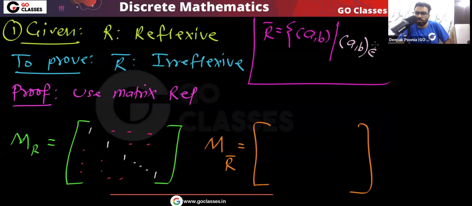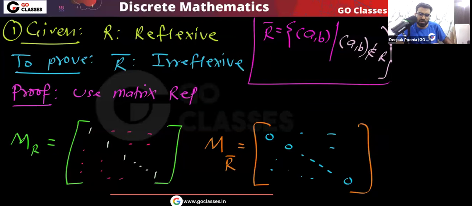Okay, I hope you understood. So if this is the matrix representation of R, then in the matrix representation of R complement, all the ones will become 0, all the zeros will become 1. So the main diagonal will become 0.